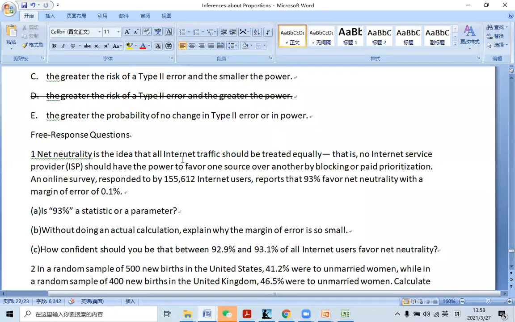Actually, I don't even care about what net neutrality is. I only care about the sample. The sample's here, the proportion is 93% who favor this idea, and the margin of error is 0.1.